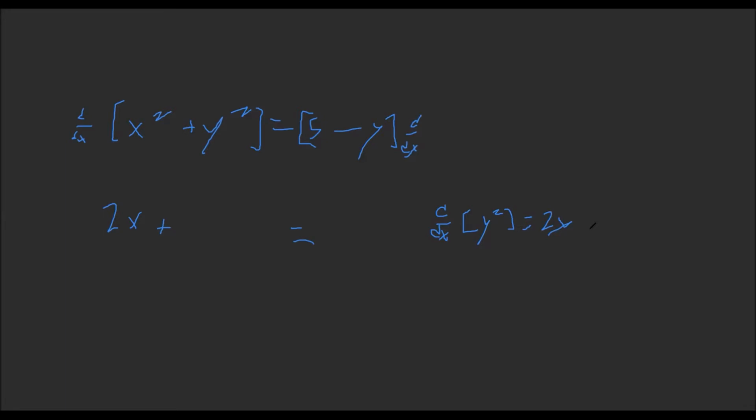Except what's different about implicit differentiation is you also have to write at the end what you've just derived with respect to the dependent variable. So the derivative of y squared isn't 2y, it's 2y dy dx.